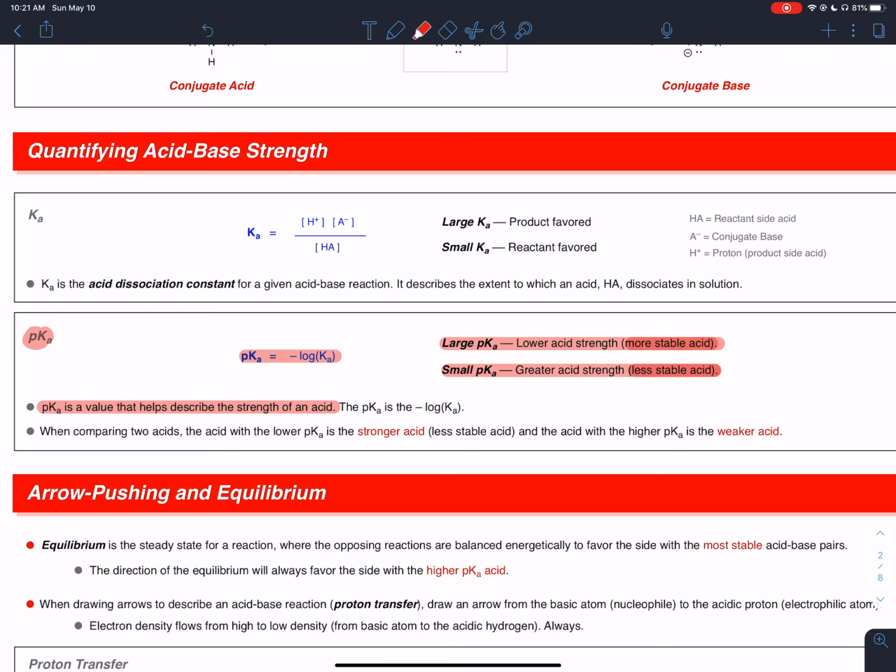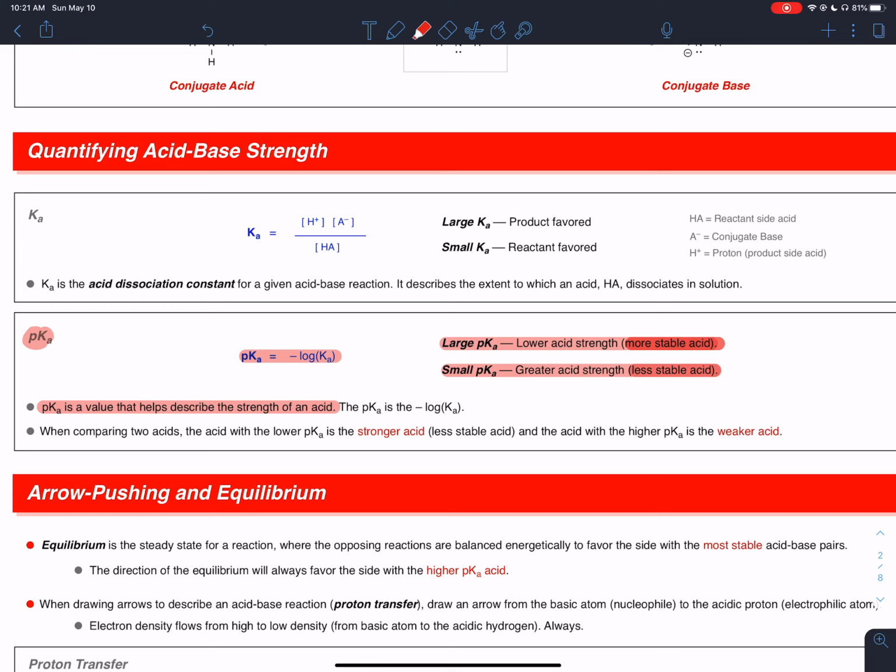It is the stronger acid. A less stable acid will more readily give off its proton, right? It acts as an acid more readily. An acid that is a more stable acid won't dissociate as readily. It kind of holds onto the proton a little bit more, and it would have, say, a larger pKa value compared to an acid that was stronger, one that was less stable.